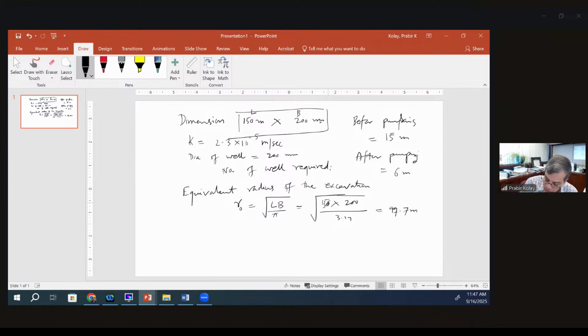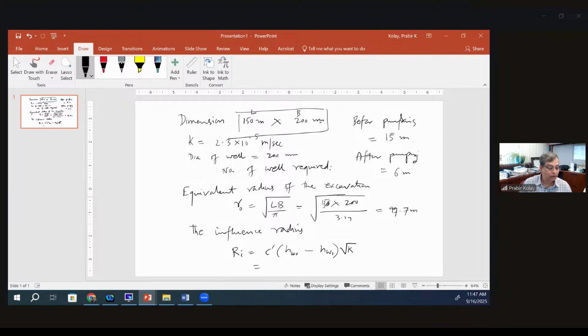Ri is given by this equation: C prime times (HW0, the original height, minus HW1) times the square root of K, right?